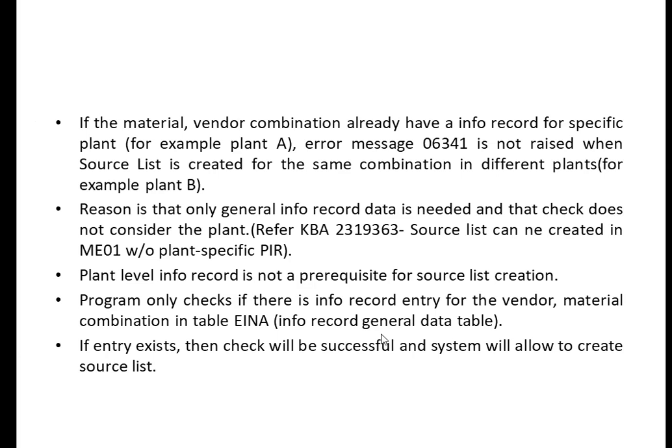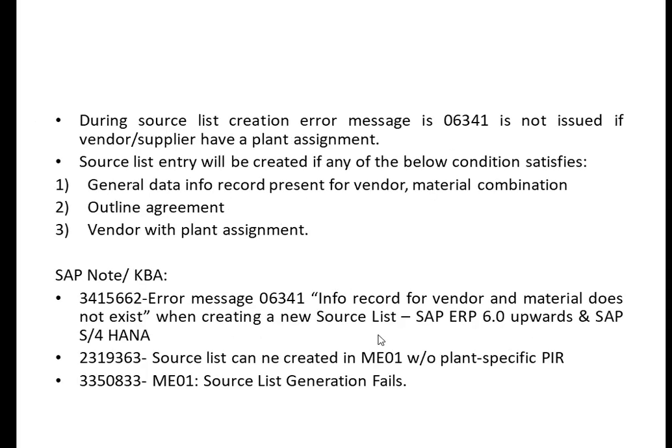And suppose there is an outline agreement present. When we try to create a source list for the vendor, we need to maintain the outline agreement and outline agreement line item details, and only then will the system allow us to save that source list entry. So to create a source list, the system has three conditions, and any one of the conditions has to be satisfied.